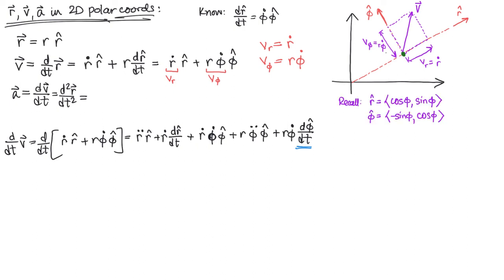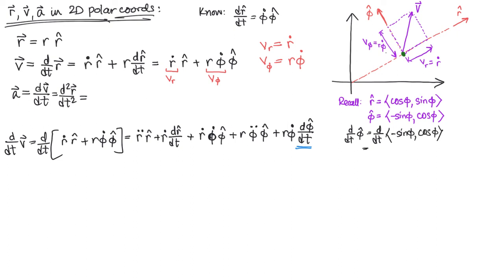Well, recall from earlier in the video that we wrote out the unit vectors r hat and phi hat in Cartesian coordinates. So let's just use that to figure out what d phi hat dt is.